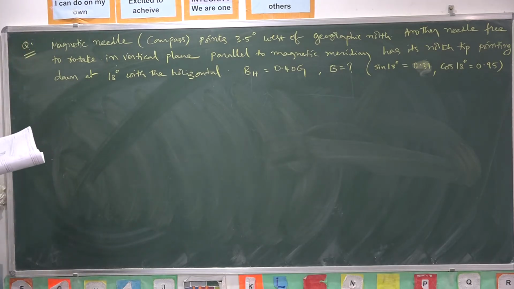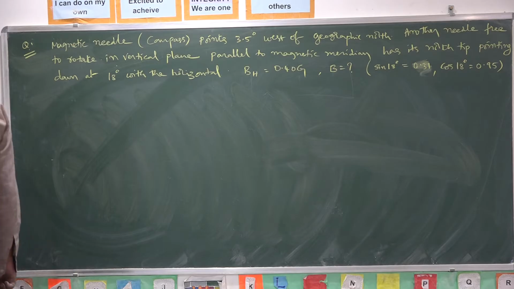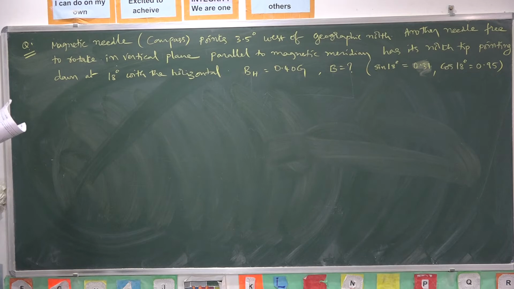Once you read the question and get clarity about it, you can do the solution in a simple way. As per the question, a magnetic needle points 3.5 degrees west of geographic north.